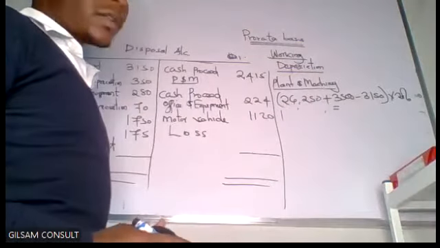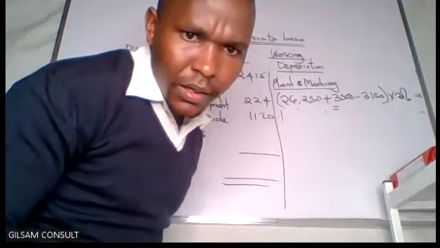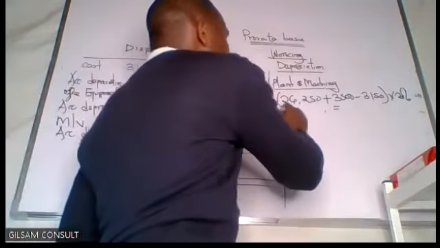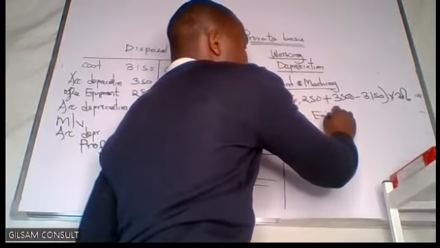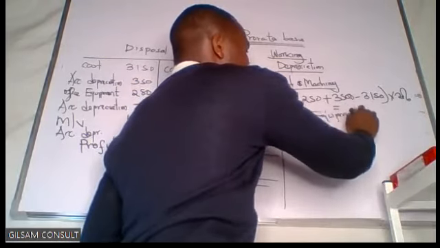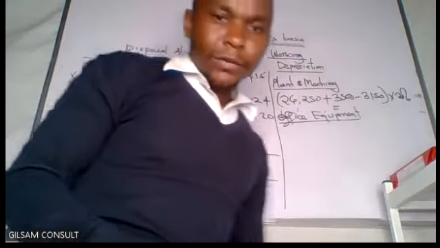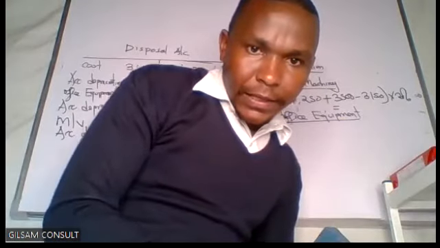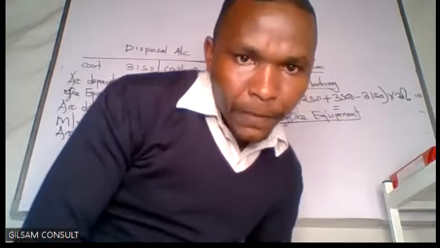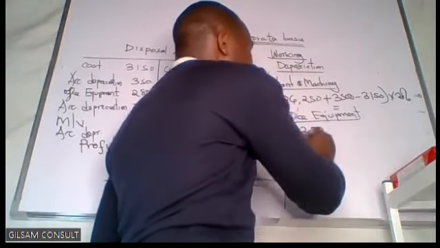So after finishing that, we come to the next one, which is office equipment. Office equipment, we look at the date of acquisition again. The balance brought forward of office equipment was 5250.